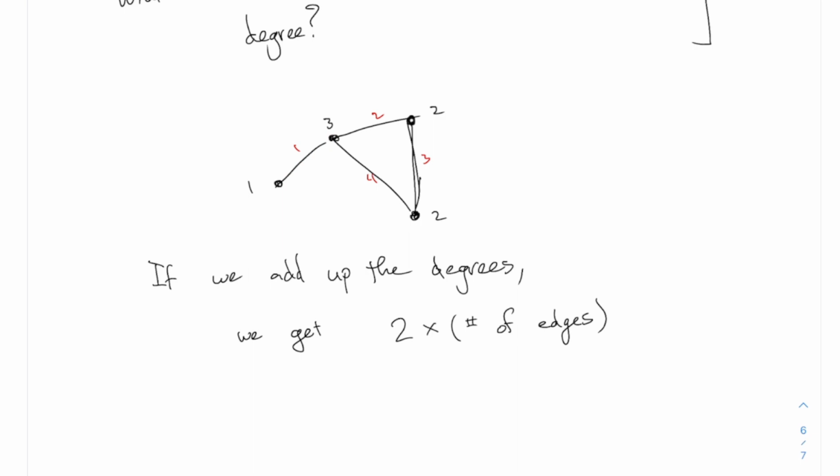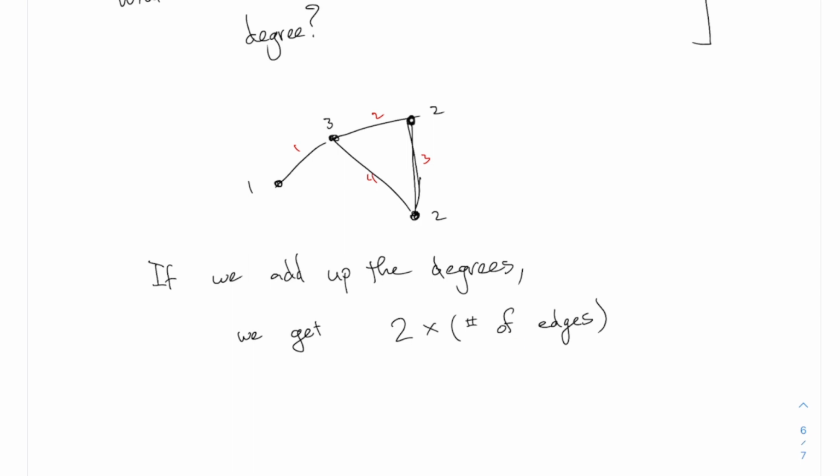So if there are 4 total edges, that means there are 8 total ends of edges. And those ends of edges have to end up somewhere, and they contribute to those degrees. When you are adding up all the degrees together, you're basically adding up how many total ends of edges there are, and that's always 2 times the total number of edges.